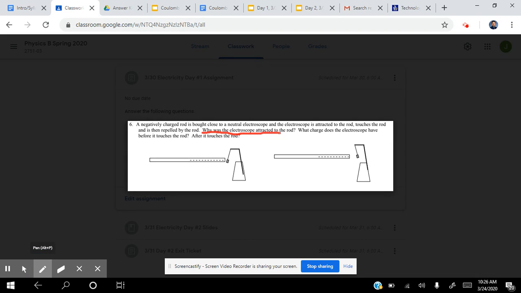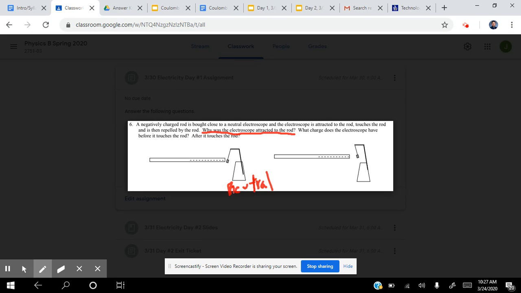Why was the electroscope attracted to the rod? All right, well, it was attracted to the rod because at the time, this was neutral. Did I just spell neutral wrong? My apologies. Look at me.